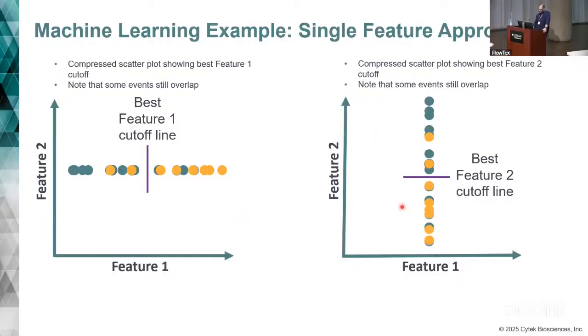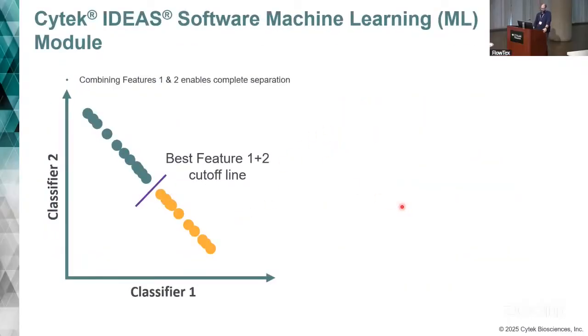And so what happens with the machine learning is it combines features. It makes it so that this classifier isn't just a singular feature, but it can be made up of 2, 3, 10, 700 different imaging features that are then all equalized and put on a single plane, right?